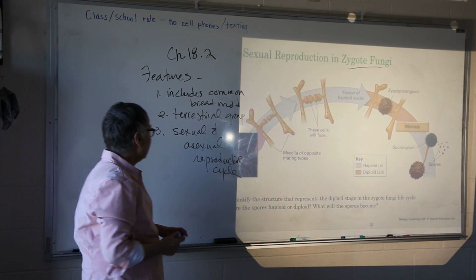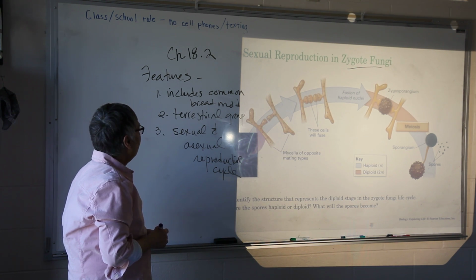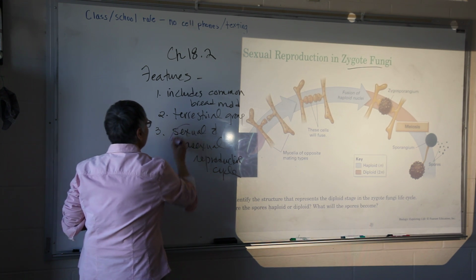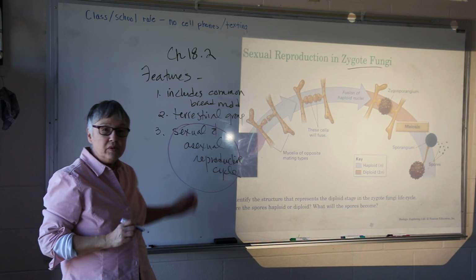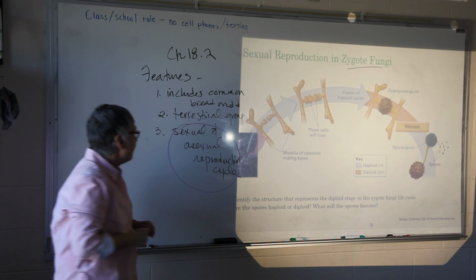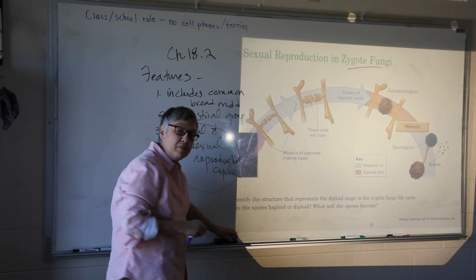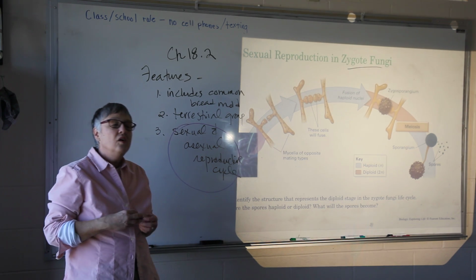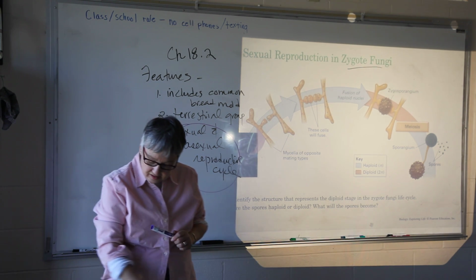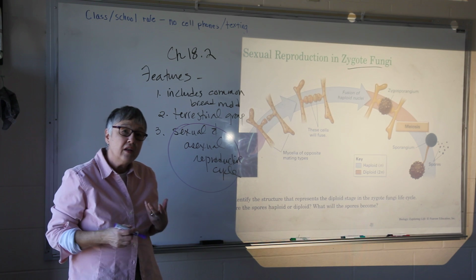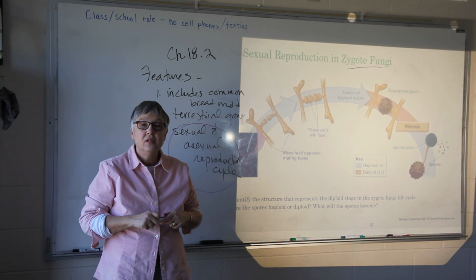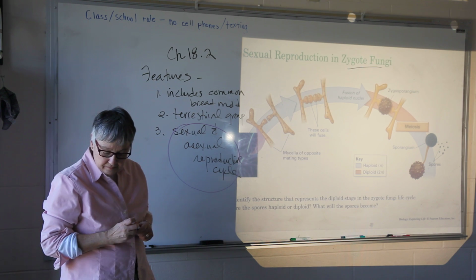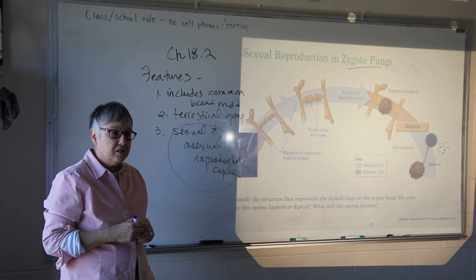Okay, a characteristic here of the 2 different types of reproduction. What happens is that when there is abundant food available, the fungus will actually go through an asexual phase, asexual reproduction.